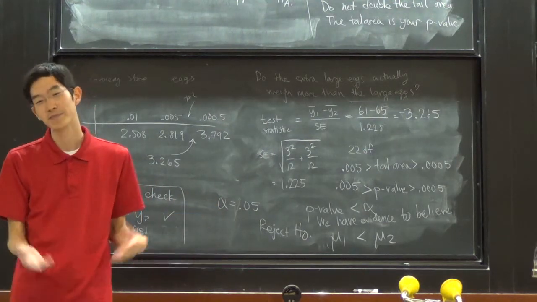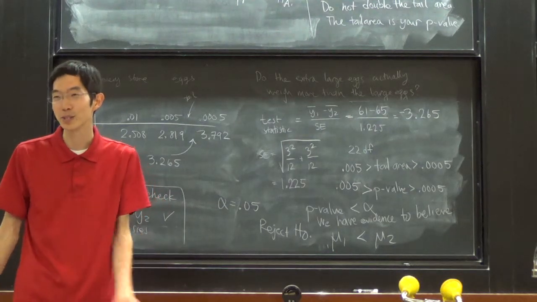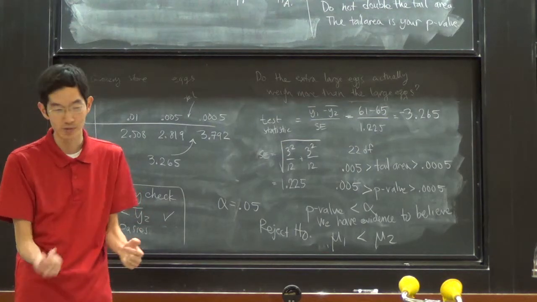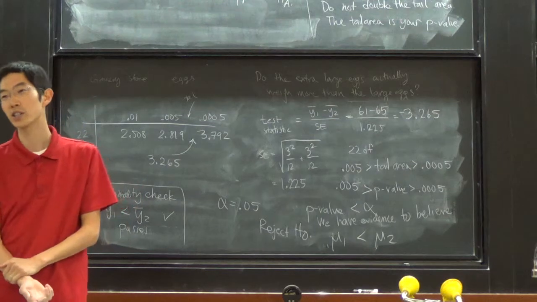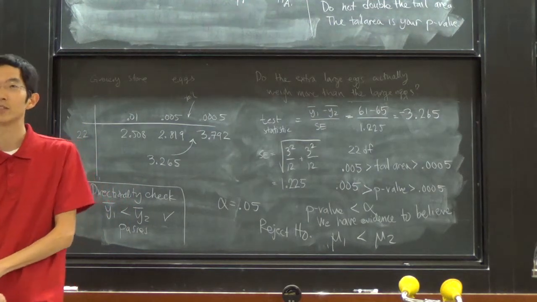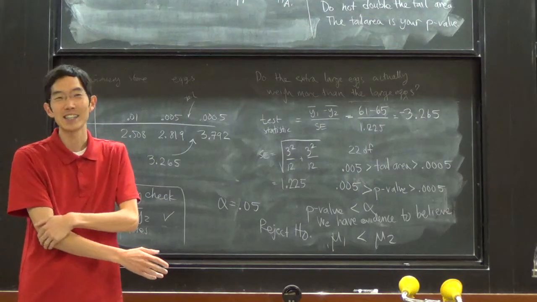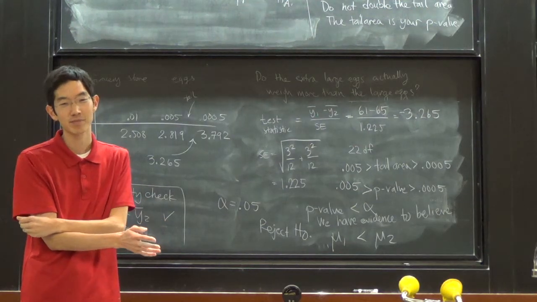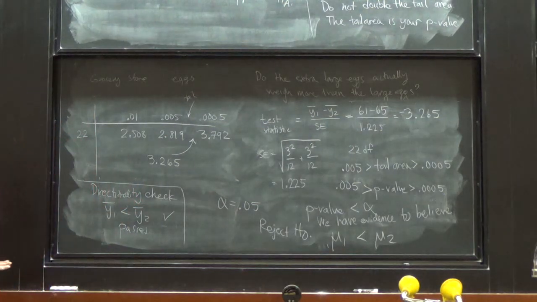What do you do with that? It's up to you, really. Your choice of alpha is technically up to you also. A lot of textbooks would say to reject at that point, but it depends. It doesn't happen very often, but it might.